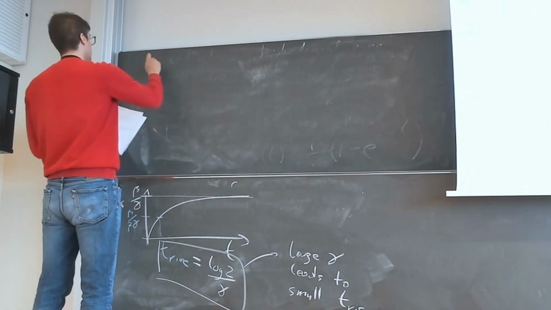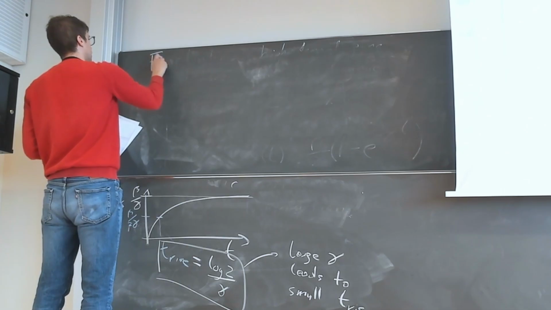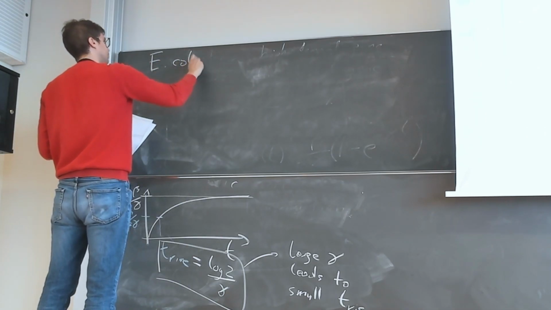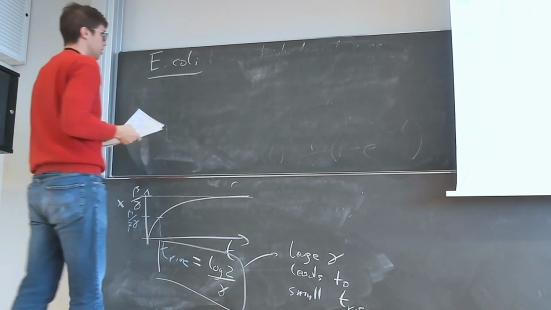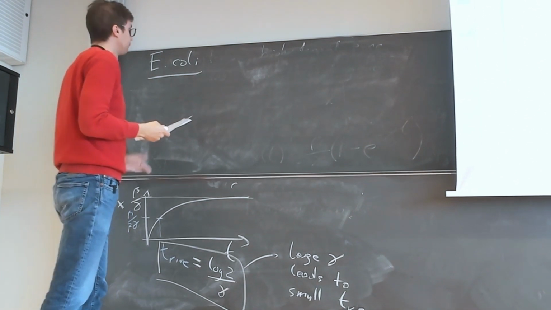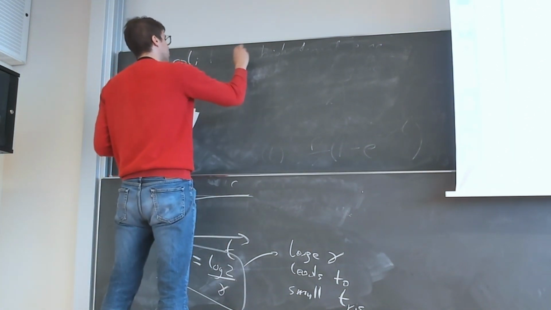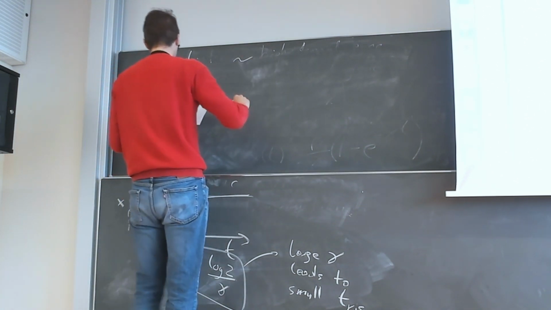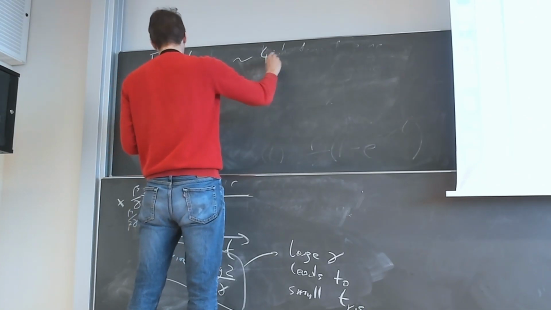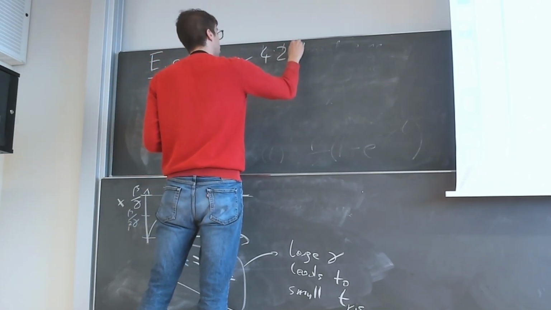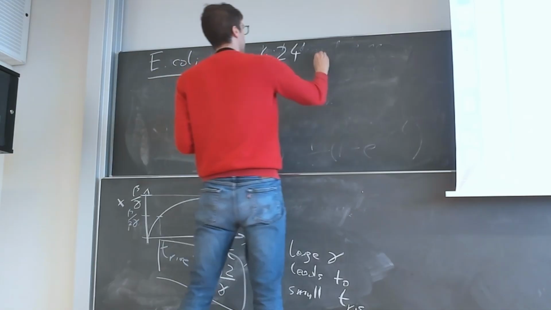Let's say here, I take an example of E. coli, of course our model bacterium, and give you some numbers. So you see around 424 operons.